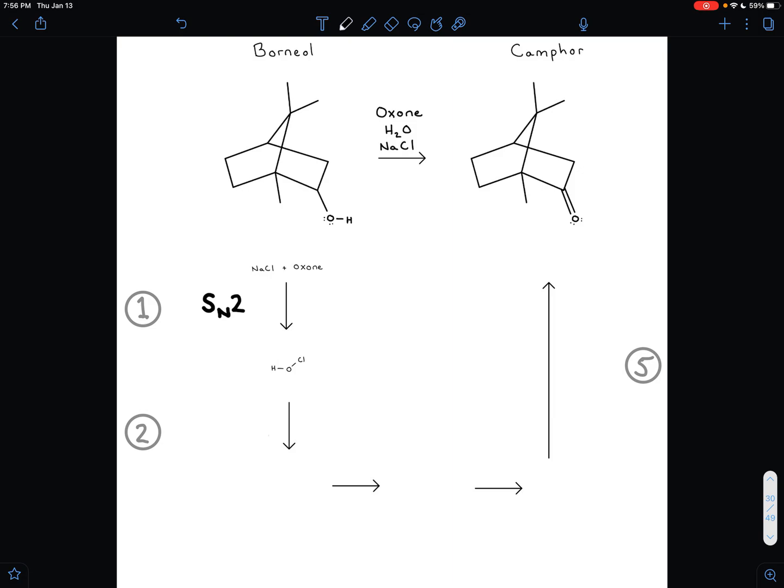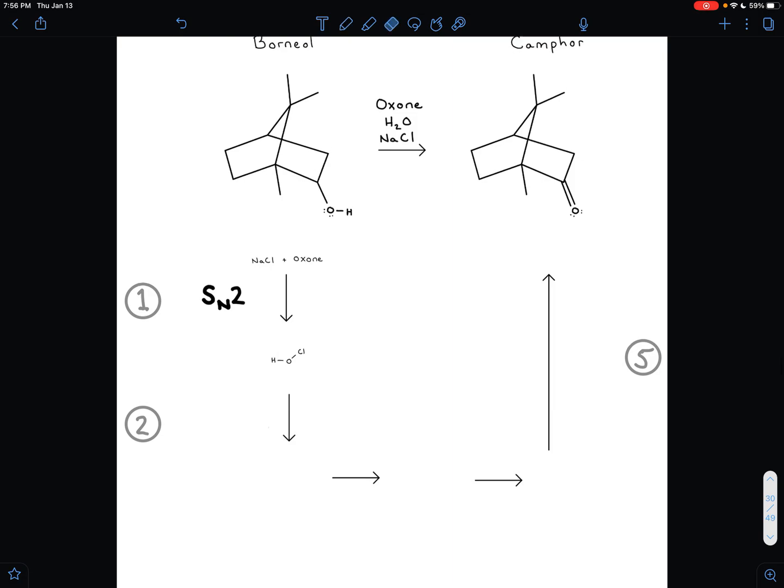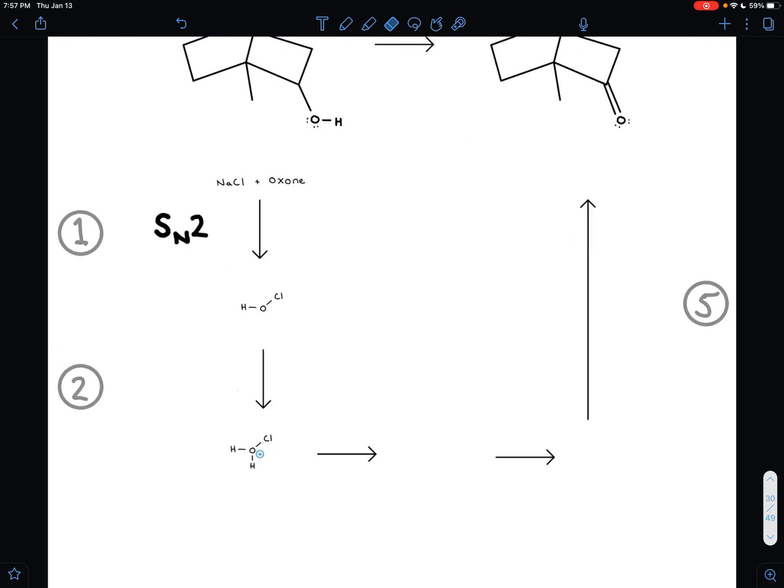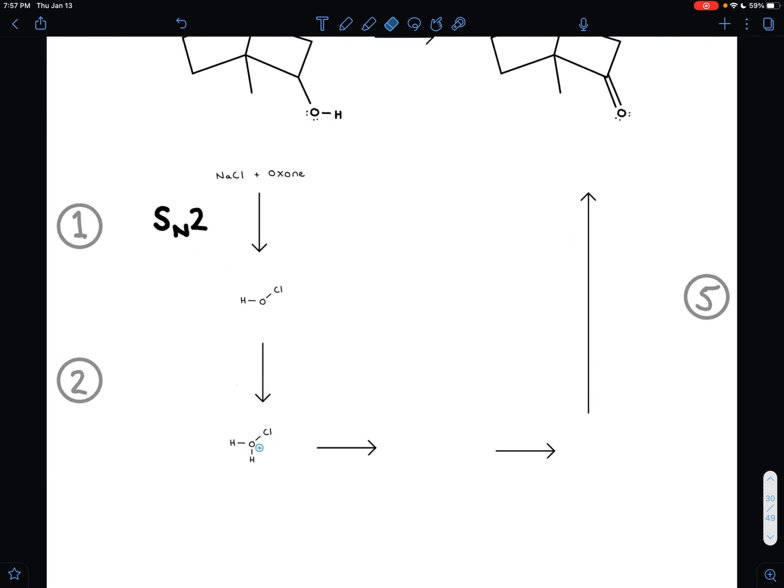In the second step, two molecules of hypochlorous acid react together, and one of them gives an H plus to another. So one of the hypochlorous acid molecules gains an H plus from the other and turns into this molecule you can see here. That would be described as a proton transfer.